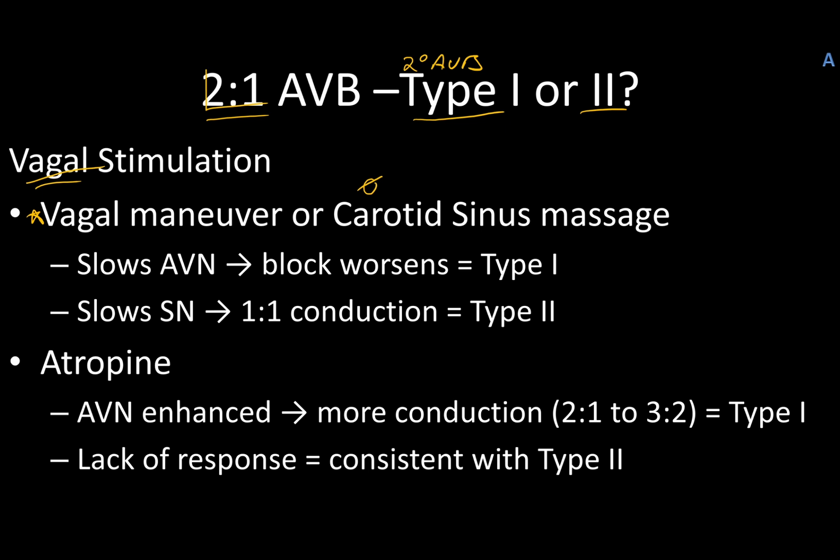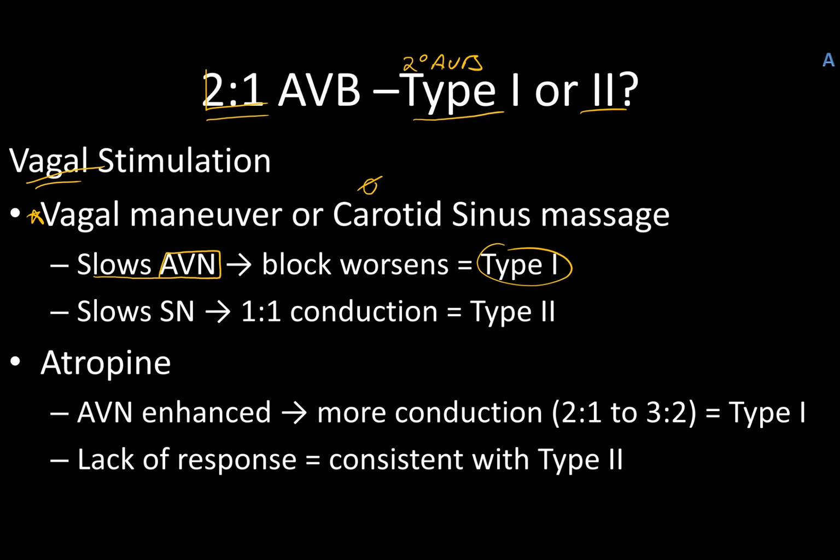But what can happen is if you do either one of these and you stimulate the vagus pathway, it will slow down the AV node, AV junction's ability to conduct, and it makes the block worse if it's Type I. And so that person will go from dropping every fourth beat to dropping every other beat. Like, it'll get notably worse in terms of the block.